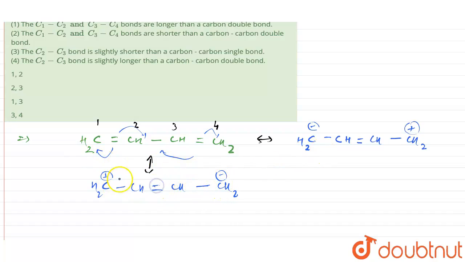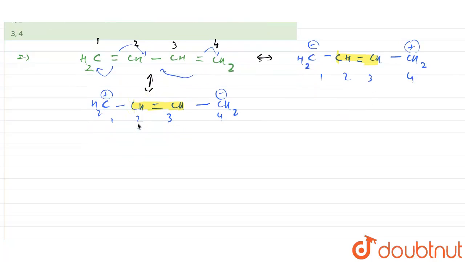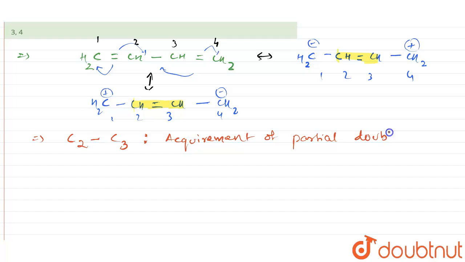If you see carbon number 1, 2, 3, and 4, between carbon number 2 and carbon number 3 there is acquirement of partial double bond character in resonance.